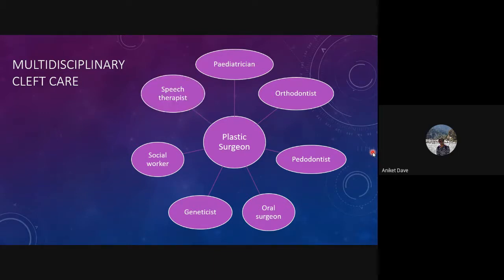A speech therapist plays a very important role because of the abnormal speech that these children often develop. So it's not just a one-person job, an entire team of multidisciplinary care is required. And therefore, these children are best managed in institutes with super specialities and all specialities being present under the same roof.